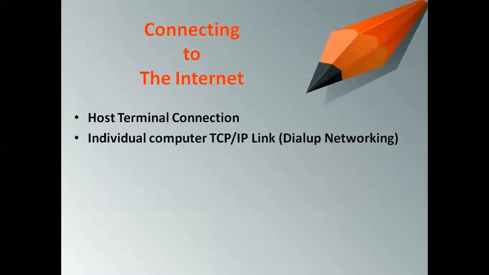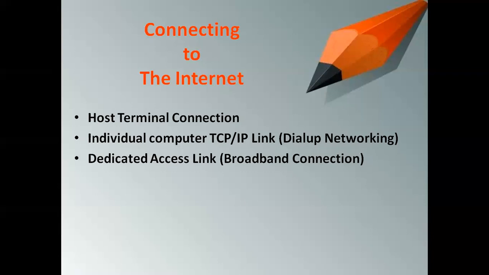Second, individual computer TCP/IP link. Then individual computer connection with the dial-up network. Next is dedicated access link, also known as broadband connection, the fastest connection. Then dial-up access through LAN. Also, you can use the internet through the LAN connection.